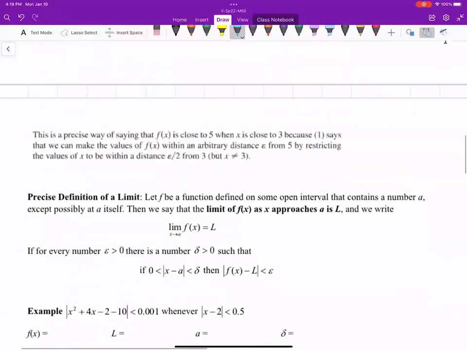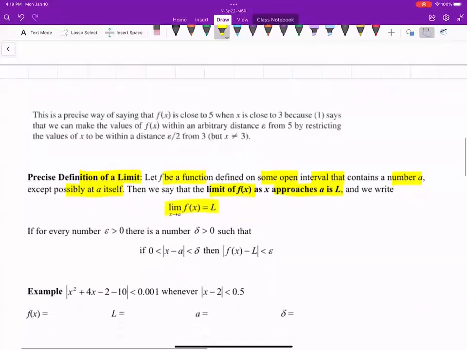So what is the precise definition of the limit? Let f be a function defined on some open interval that contains a number a, except possibly a itself. Then we say that the limit of f of x as x approaches a is L, and we write limit of f of x as x approaching a equal to L. This is something that we have seen before.